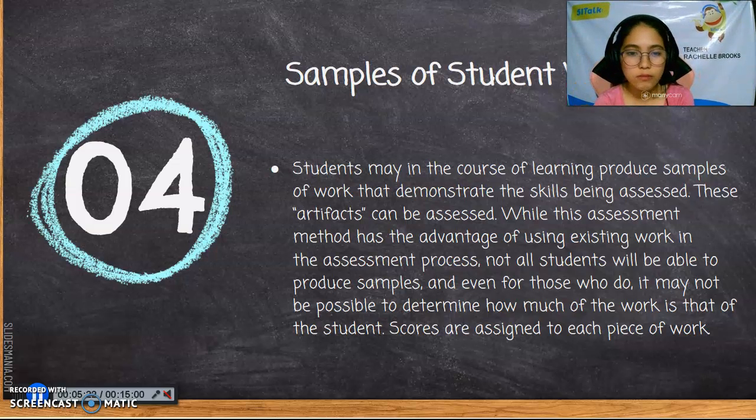While this assessment method has the advantage of using existing work in the assessment process, not all students will be able to produce samples. And even for those who do, it may not be possible to determine how much of the work is that of the student. The scores also are assigned to each piece of the work.